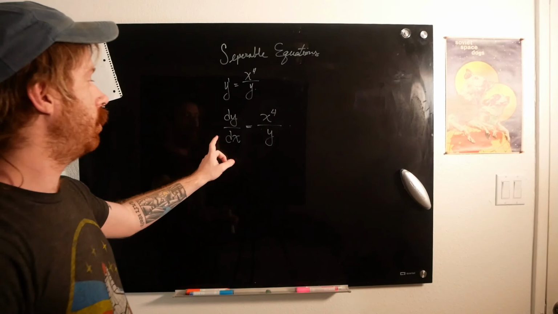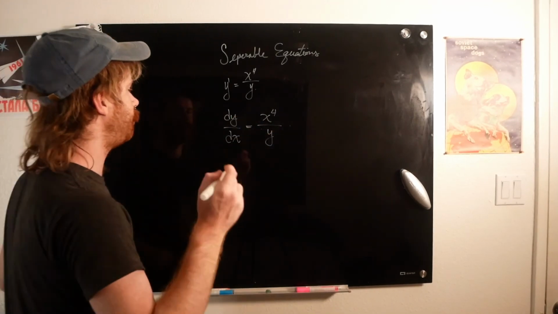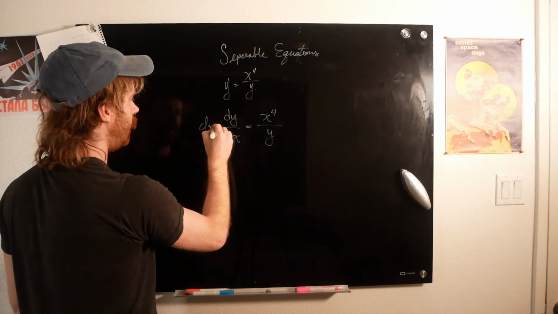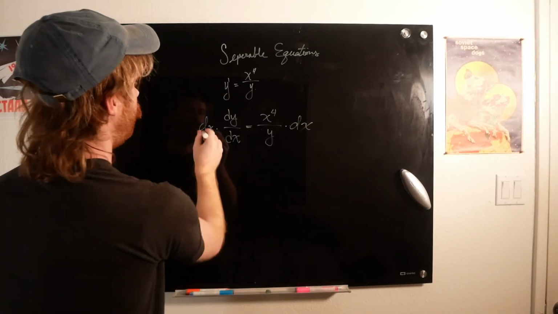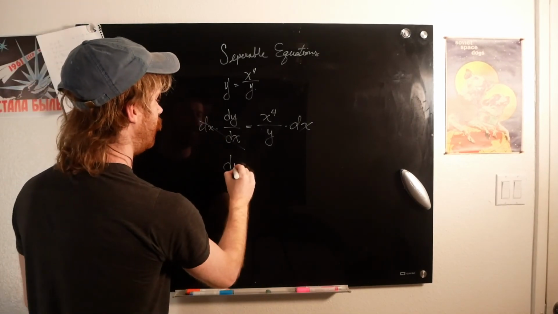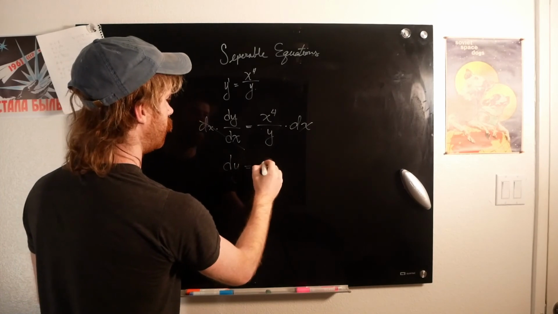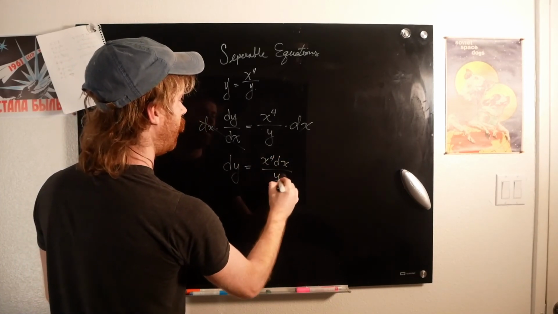We're going to start by multiplying each side by dx. So we're going to multiply this side by dx, and this side by dx. And these are going to cancel because that's dx over dx, which is just 1. Then you're left with dy equals x to the fourth dx over y.